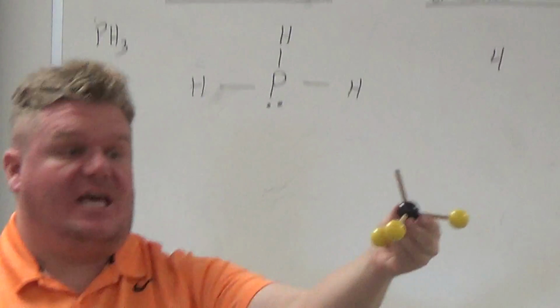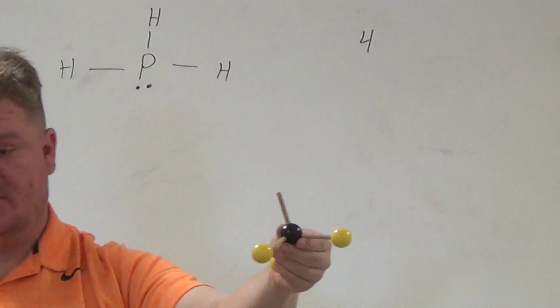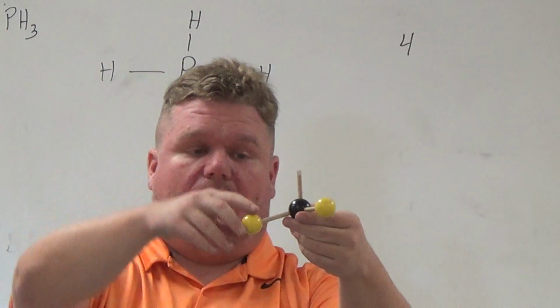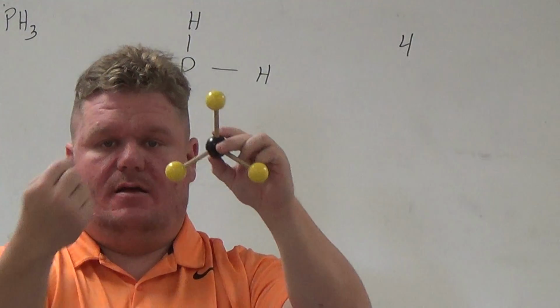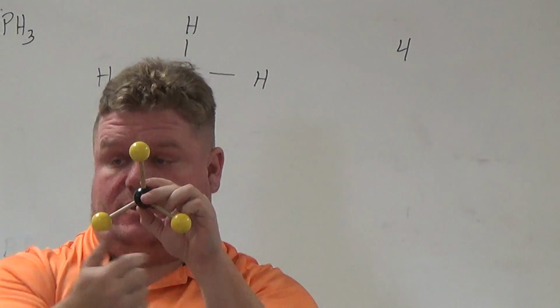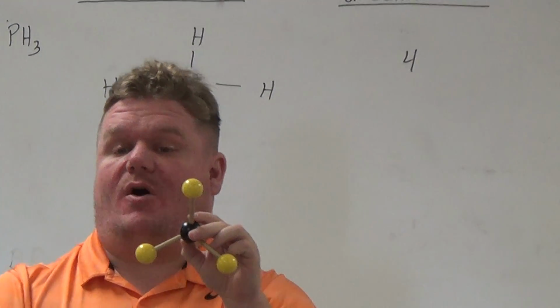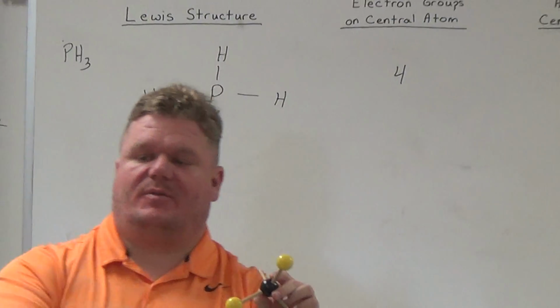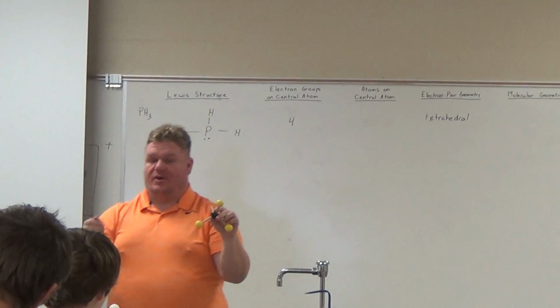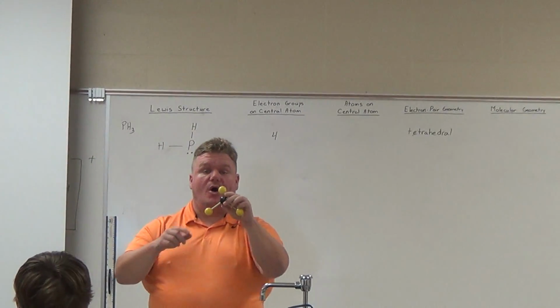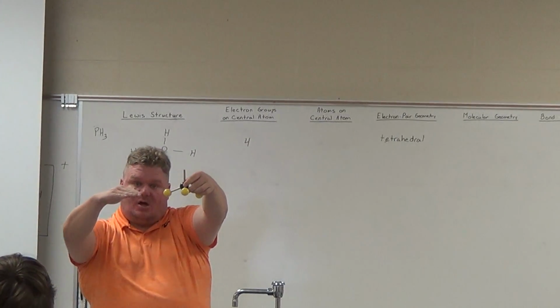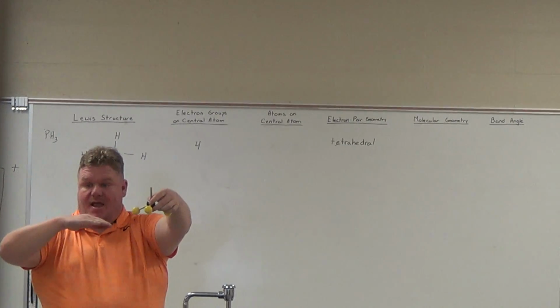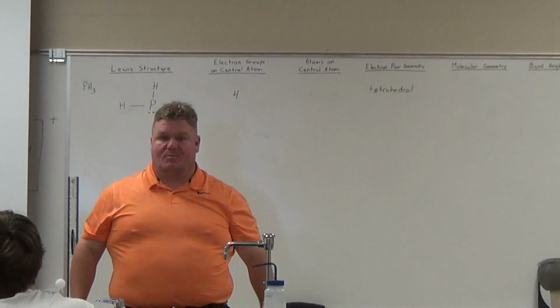So if we consider only the atoms, we're not considering this lone pair up here, what shape do you see here? Okay, it looks like a triangle, so what do we call that part? We don't say triangle, look back at the previous one. Trigonal. Okay, we call it trigonal, but notice it no longer sits on a flat plane, does it? It doesn't sit flat on the table anymore.